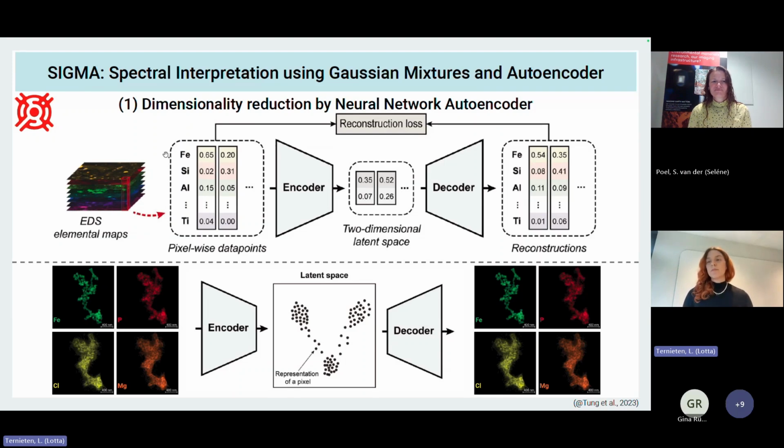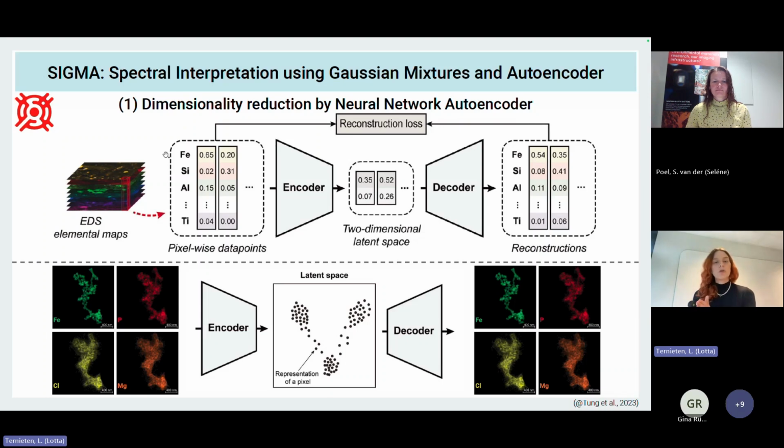The first important step is training the neural network autoencoder. So it's using as an input these EDS elemental maps that we have from the particle, and then reducing it to just 2 dimensions. Because this EDS is a hyperspectral data set, because from every single pixel, we have the full spectra, so the full information about the elemental composition.